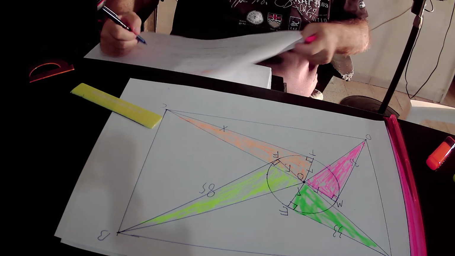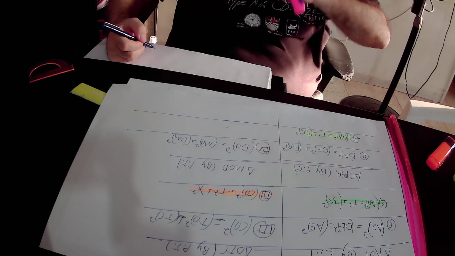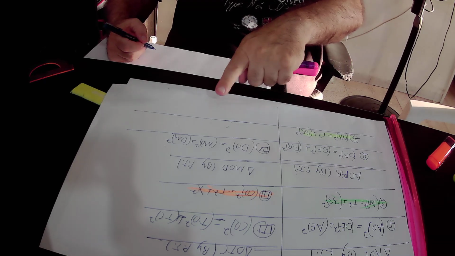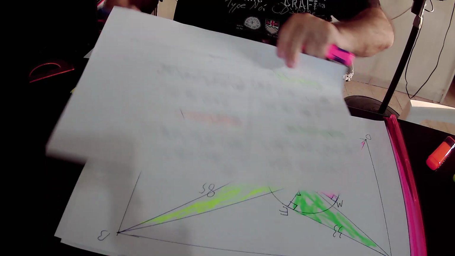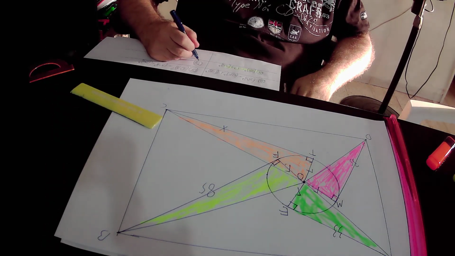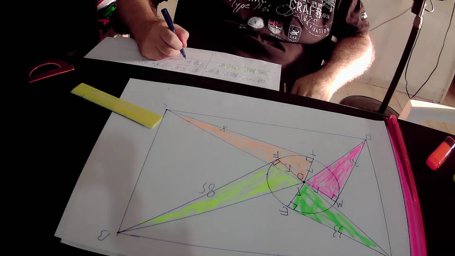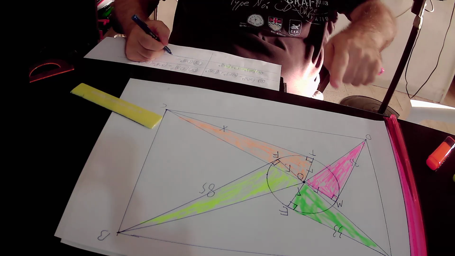And then again in the right pink triangle, triangle MOD, according to the Pythagoras theorem, DO square equals MO square plus DM square. So DO square equals MO square.